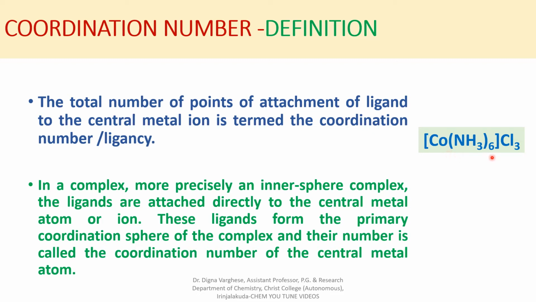So here 6 is the coordination number. Okay, and these ligands are responsible for the geometry of the molecule. So it's an octahedral complex. So it is the primary coordination sphere of the complex. Inside the primary coordination sphere of the complex, the number of ligands represents the coordination number.